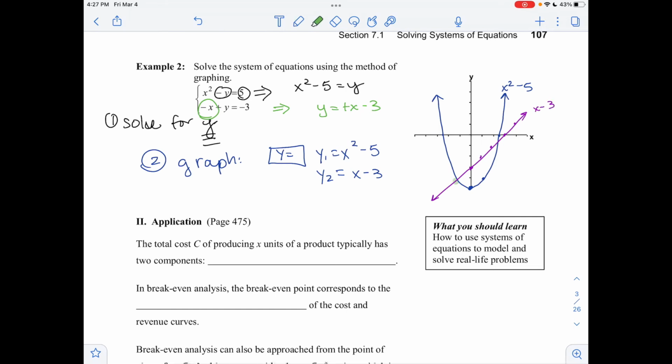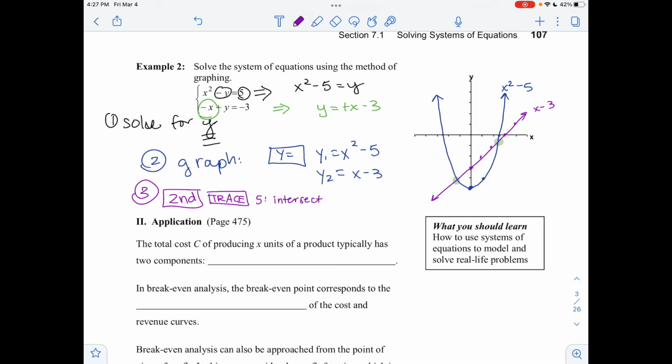Now, to find these 2 points exactly, I'm going to use step 3, which is hitting the second key, and then trace. Trace is in the upper right-hand area, and then you're going to select option number 5, intersect.